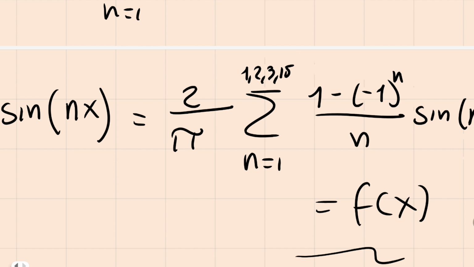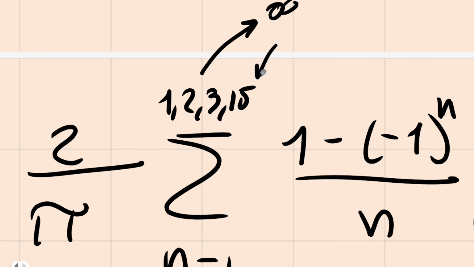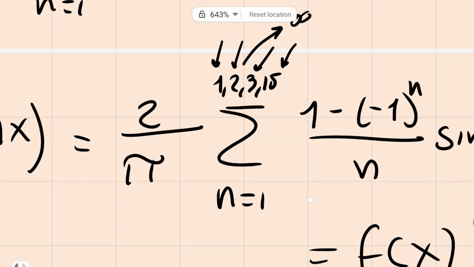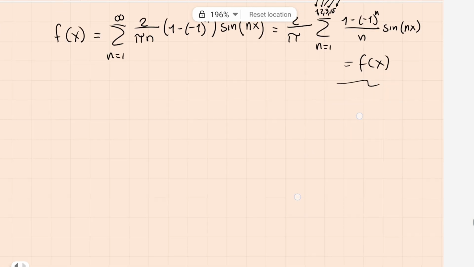And remember that the Fourier series consists in that when we take these limits up to infinity, this function f is going to be exactly equal to the Fourier series. But of course, since we are taking finite limits in these examples, the function f cannot be seen as exactly the same. Okay, so let me show you the graphs.